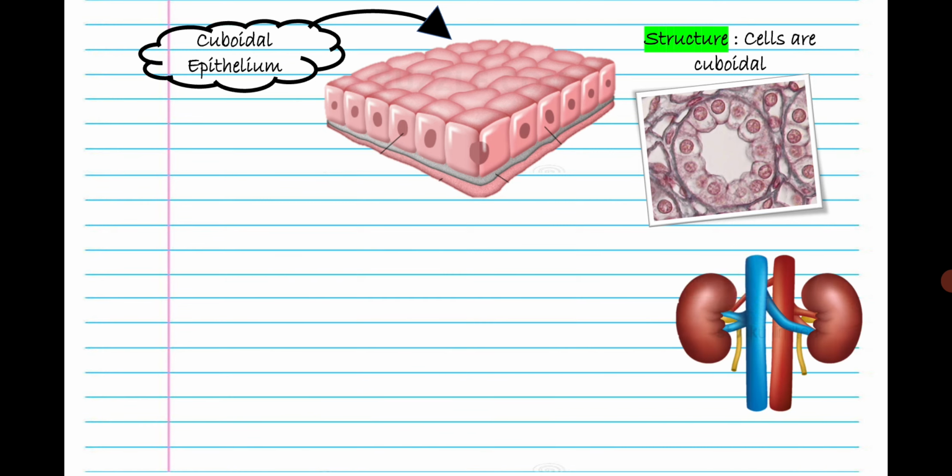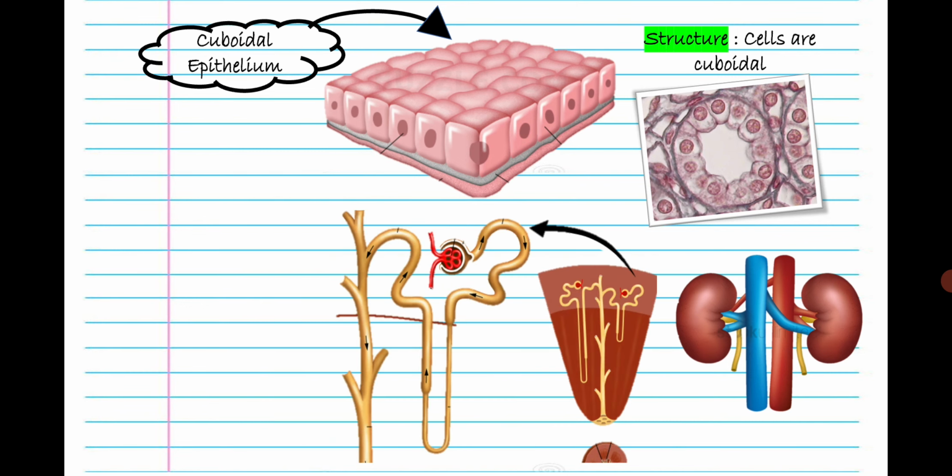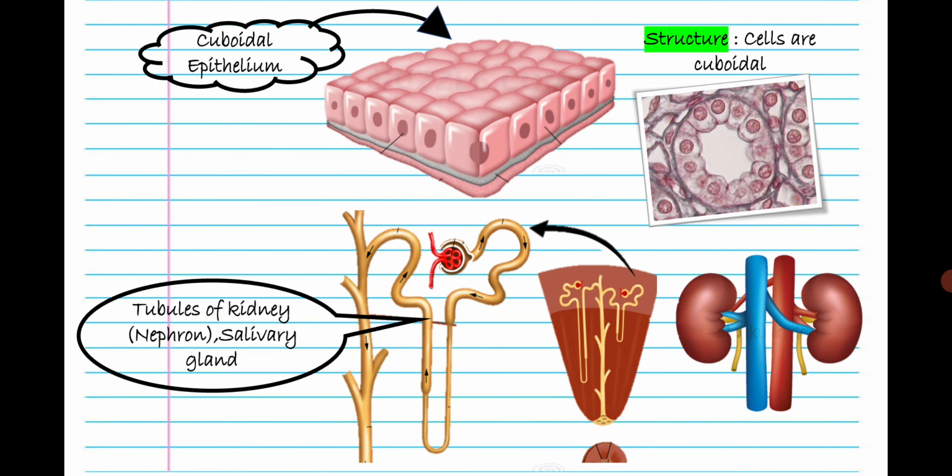Where is this cuboidal epithelium tissue present? It is present in our kidney. Inside our kidney there are millions of nephrons, and these nephrons have a tube-like structure. This tubular structure of a nephron is made up of cuboidal epithelium tissue.